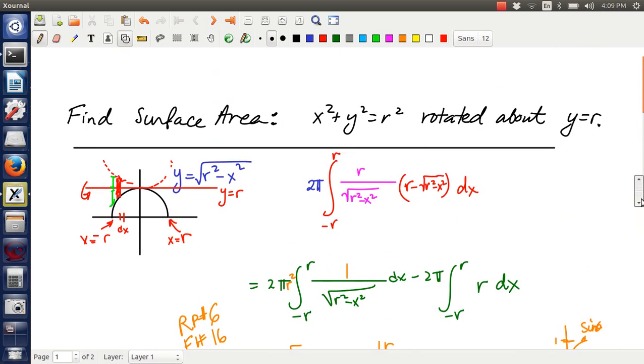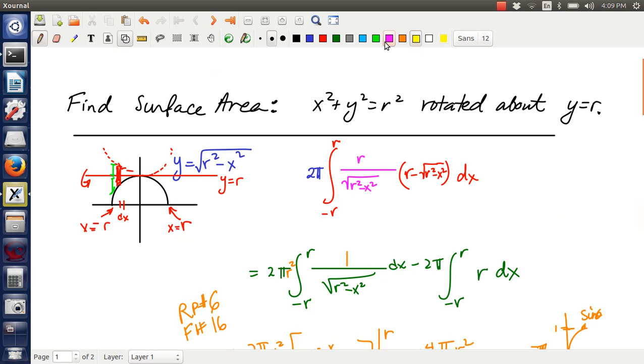And let me just review again. So this part here is from the arc length formula. Sorry, I didn't mean that. This part is from the arc length. Okay, and then the part that's 2 pi r is here, that's giving you your cylinders. And so it seems fine to me.